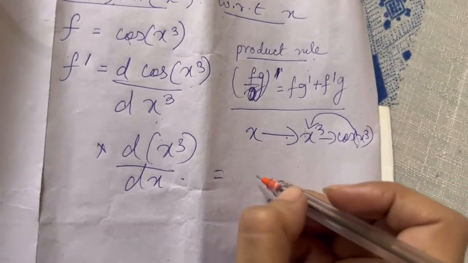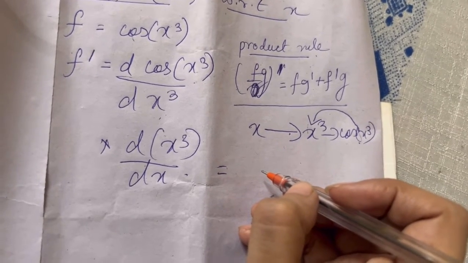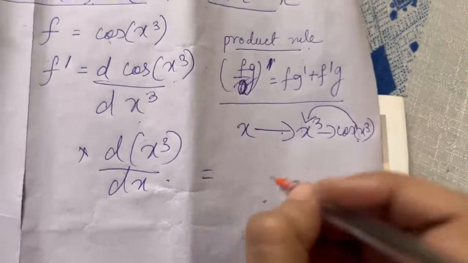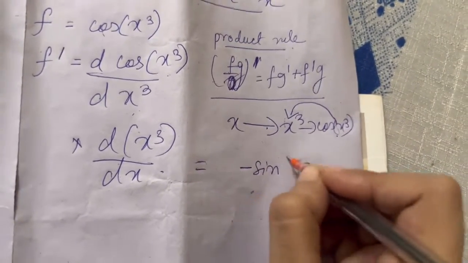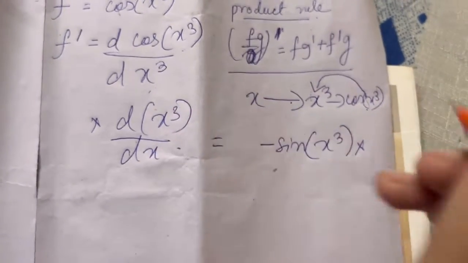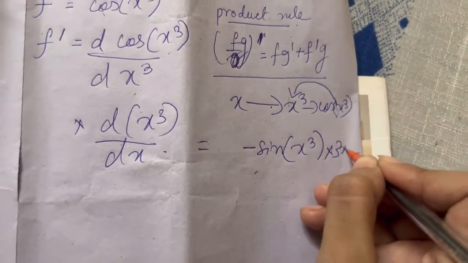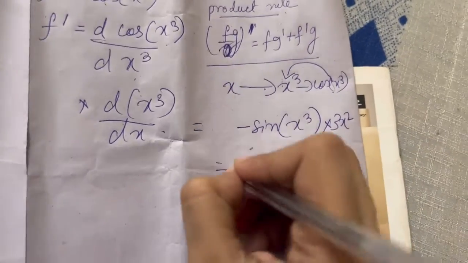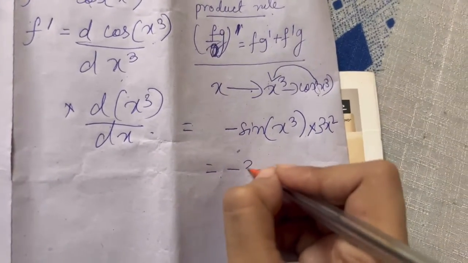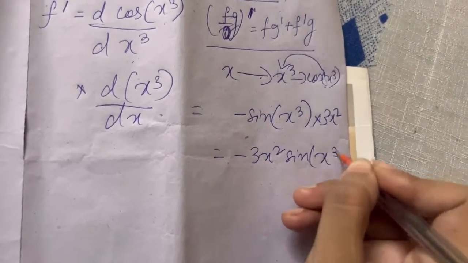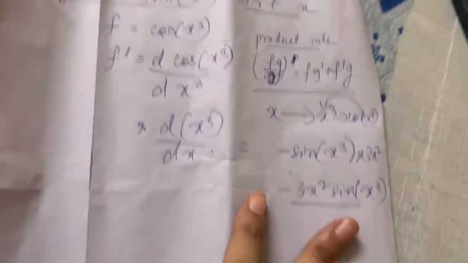Now we know that the derivative of cos x is minus sin x, but here it's cos x cube, so it will be minus sin x cube into this 3 into 3 minus 1 is 2, 3x square, so we are getting minus 3x square sine x cube. So this is the f dash.